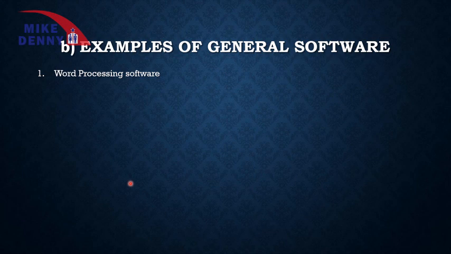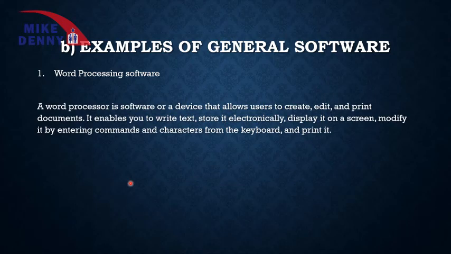We have the word processing software. And what is a word processing software? A word processor or word processing software is a software or a device that allows users to create, to edit, and print documents.